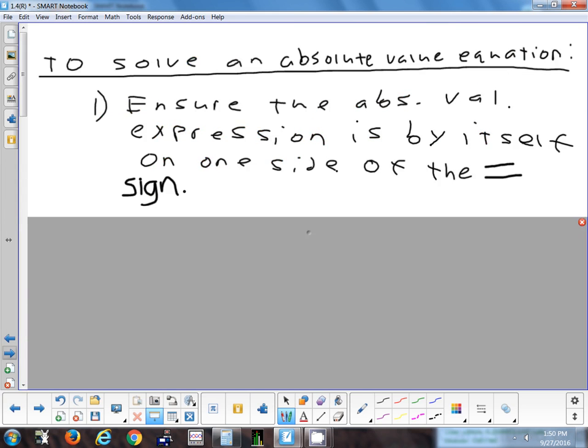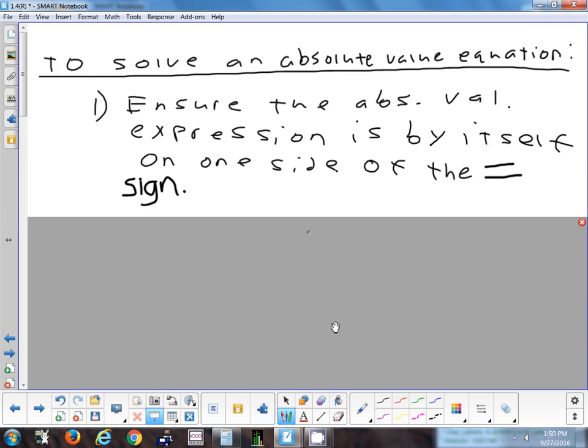So on your notes, you have how to solve an absolute value equation. Now we're going to write down those steps. You have the word ensure on your notes. You're going to write down the absolute value expression is by itself on one side of the equal sign.